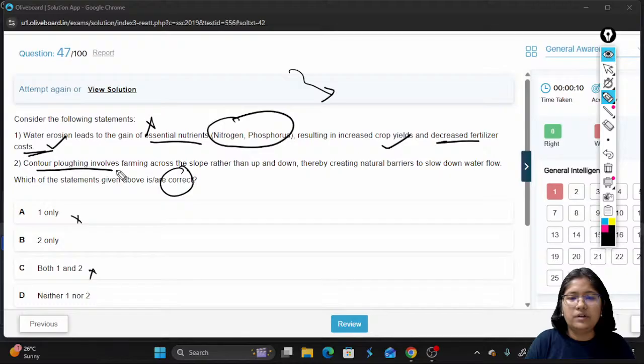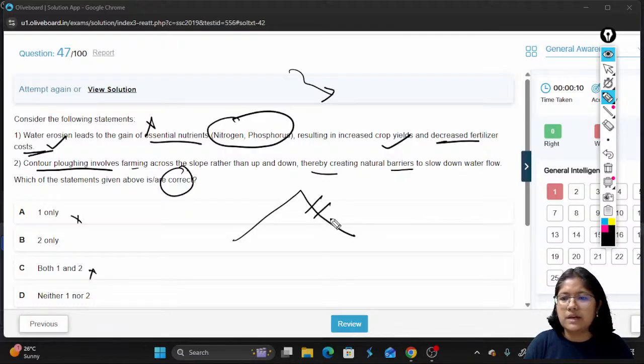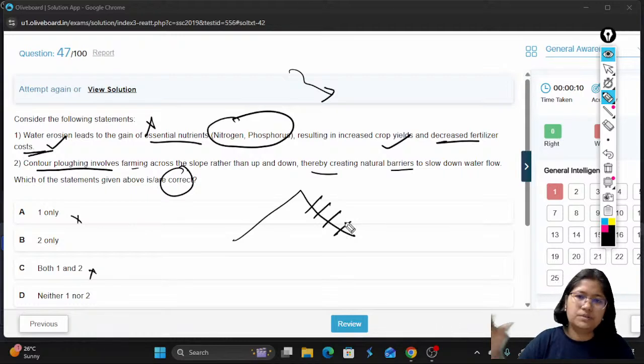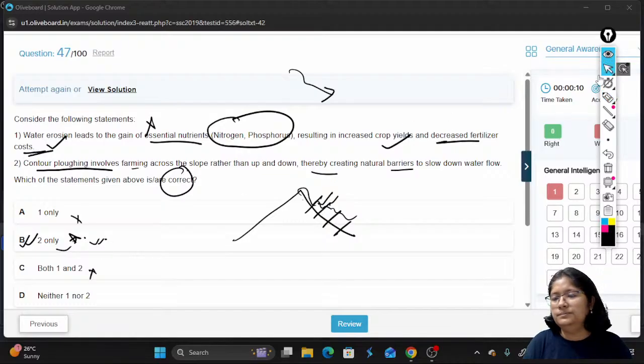Contour plowing involves farming across the slope rather than up and down, thereby creating natural barriers to slow down water flow. When you go to a hilly region, you will see this kind of steps made, in long forms. That is done so that if water flow happens, it will slow down and the vegetation will also be there. So statement 2 only, B, is correct.